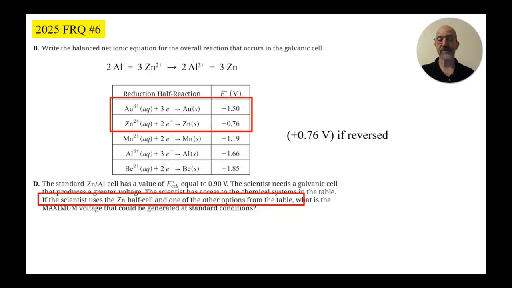I'm going to use the gold. So I have positive 0.76 because I reversed the zinc half reaction. I have to use zinc. I have 1.5. So 1.5 plus 0.76, I got 2.26 volts, and that is, if you check the scoring guidelines for 2025, the correct answer to this part of question 6.